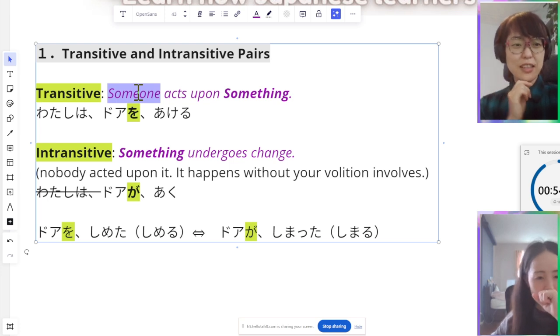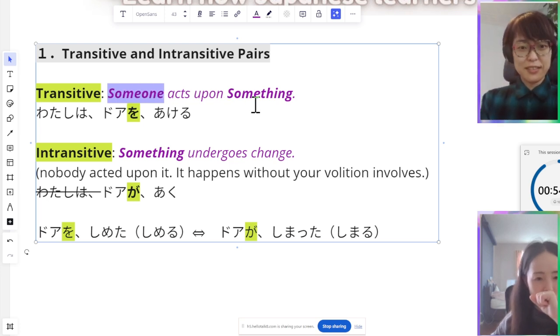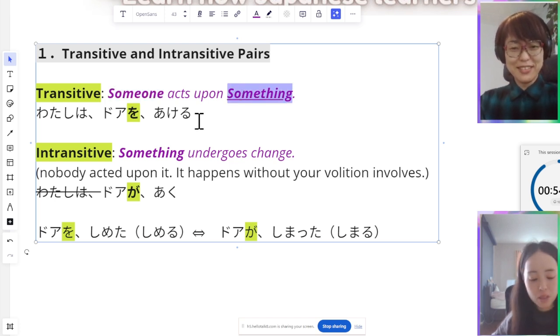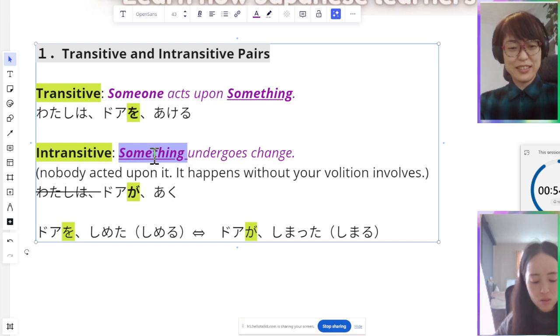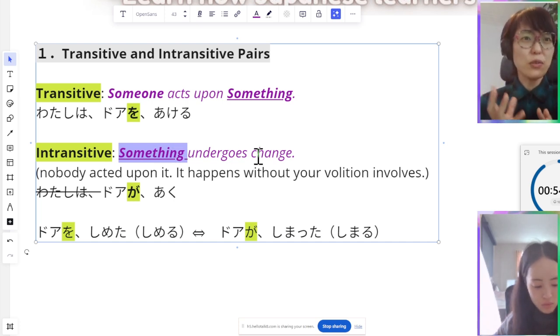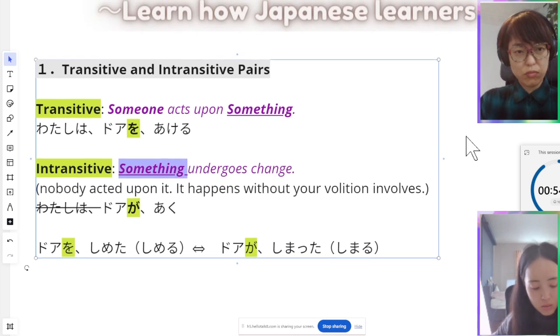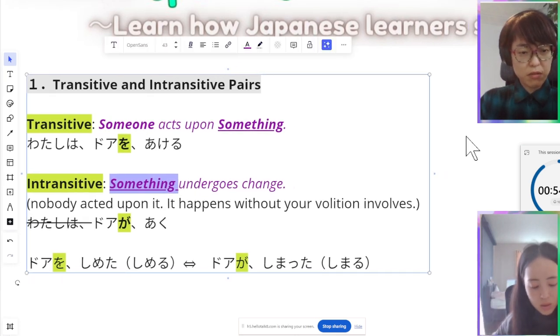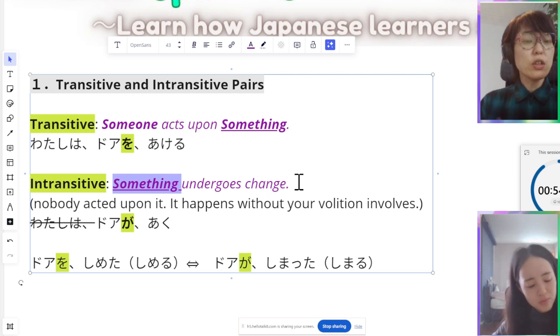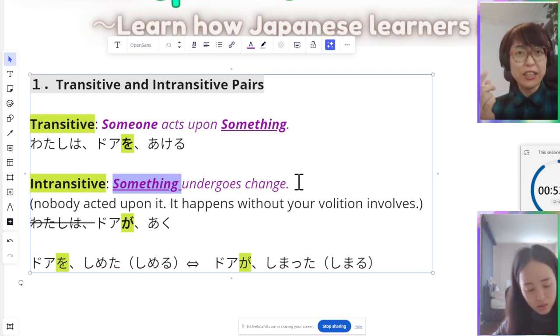On the other hand, intransitive. What does intransitive describe? How should we say? The object we acted upon earlier now becomes the protagonist of the sentence.